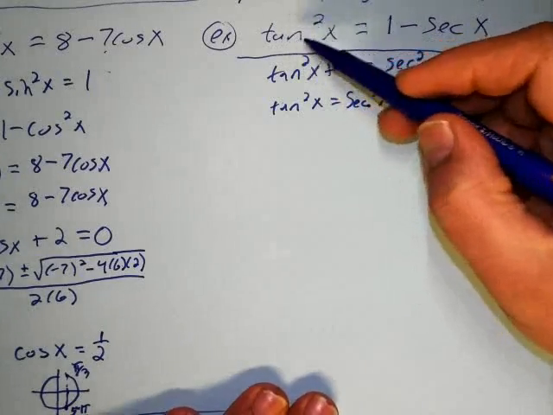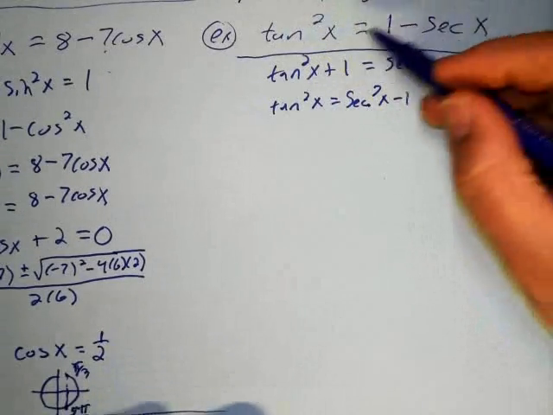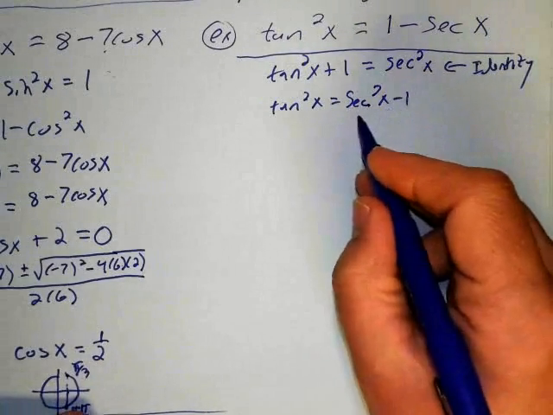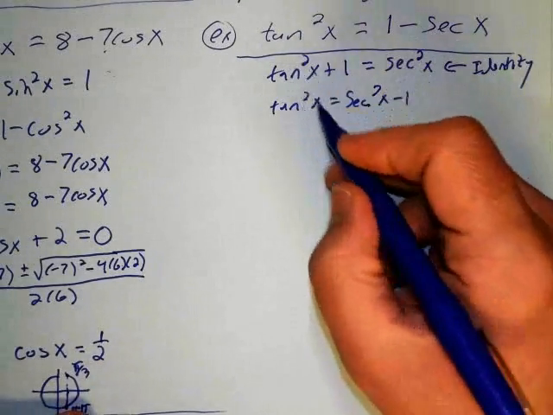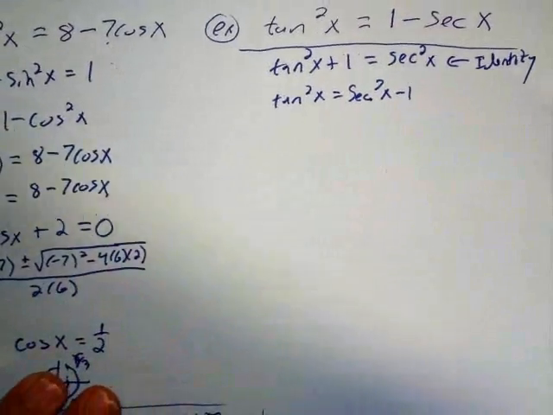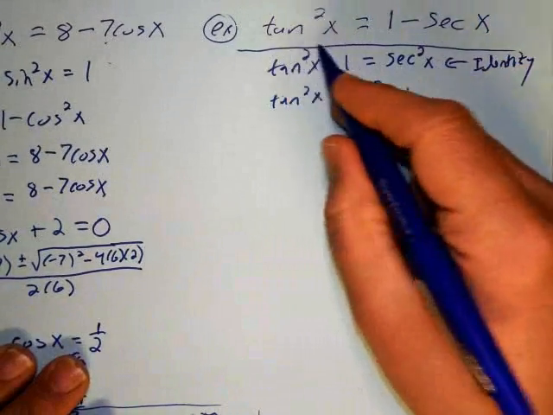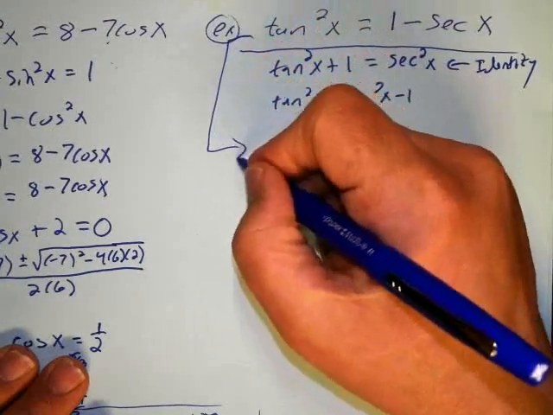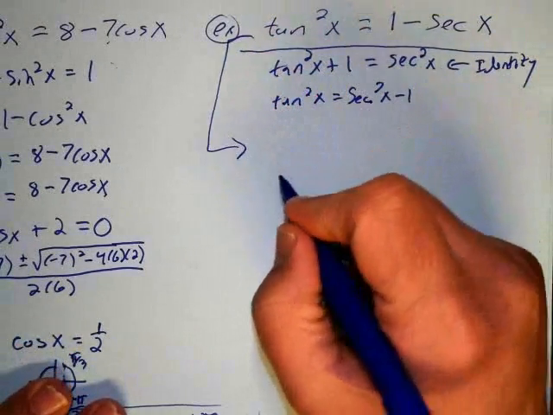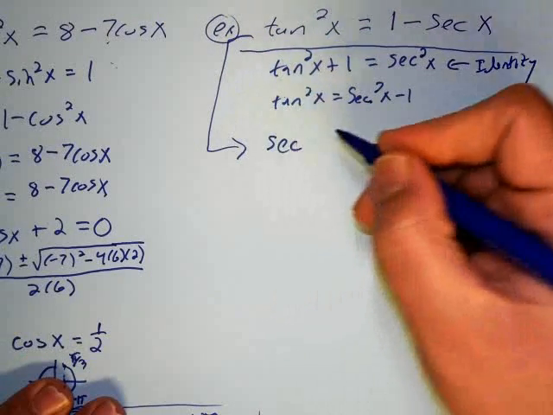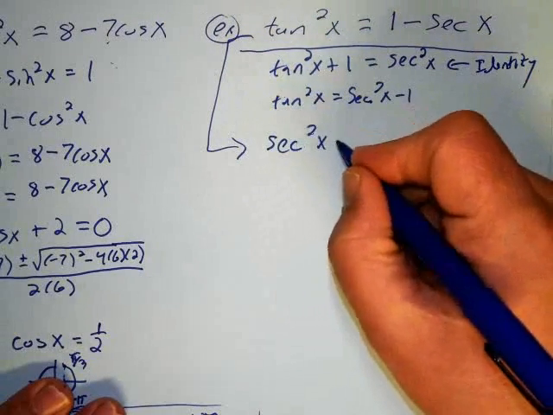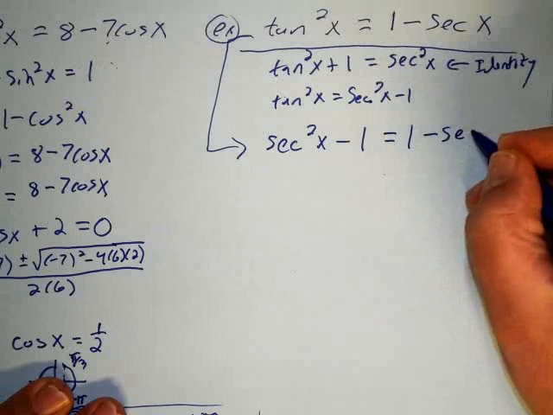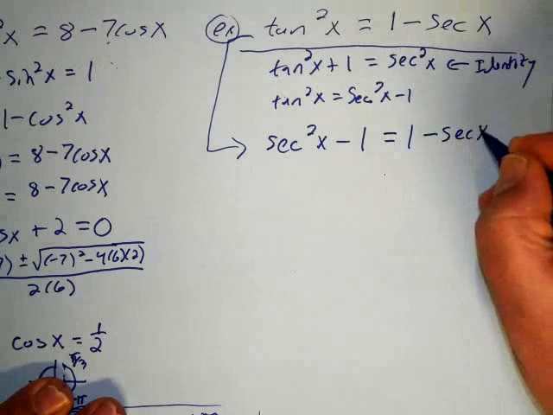This is the squared term. So I'm going to change everything to secants. So for this tangent squared, I'm going to put in secant squared x minus 1. So now I would have secant squared x minus 1 is equal to 1 minus secant x.